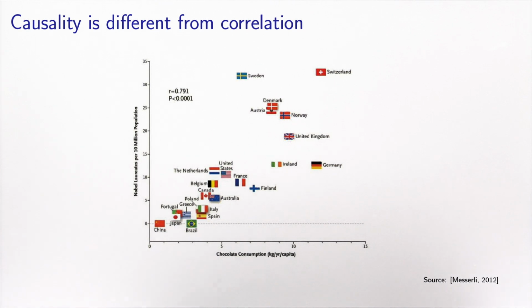Let's take an example. Here is a chart where we plot a list of countries, and the coordinate of each country is characterized, on the x-axis, by the chocolate consumption per capita, in kilos per year per capita, and the number of Nobel laureates per 10 million inhabitants.